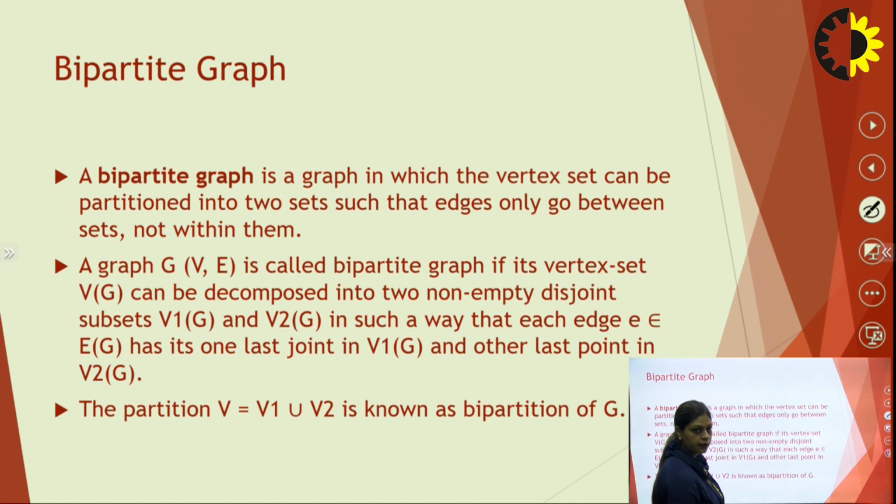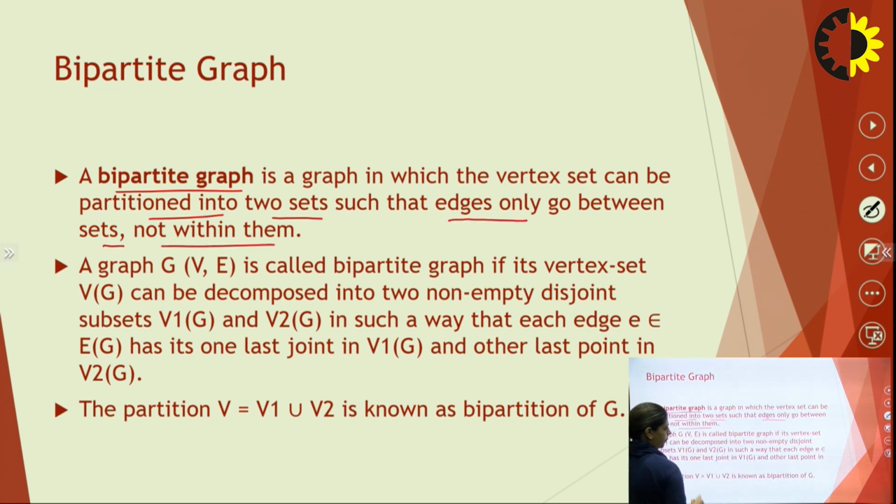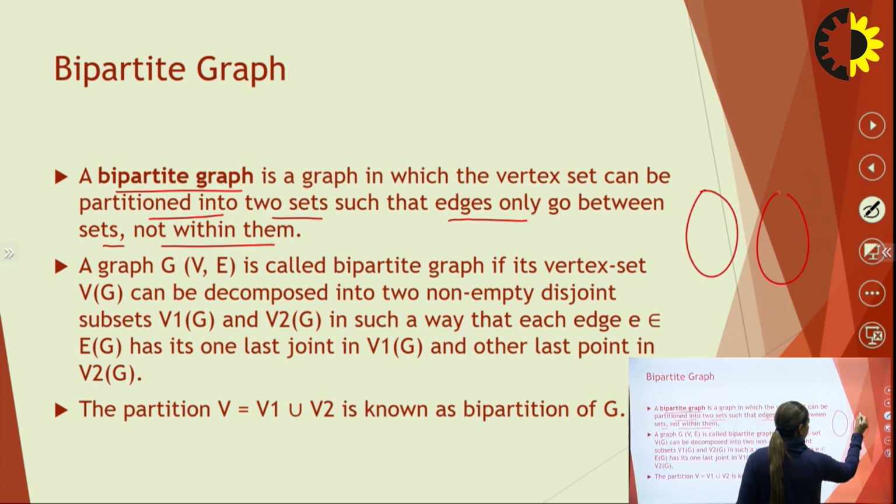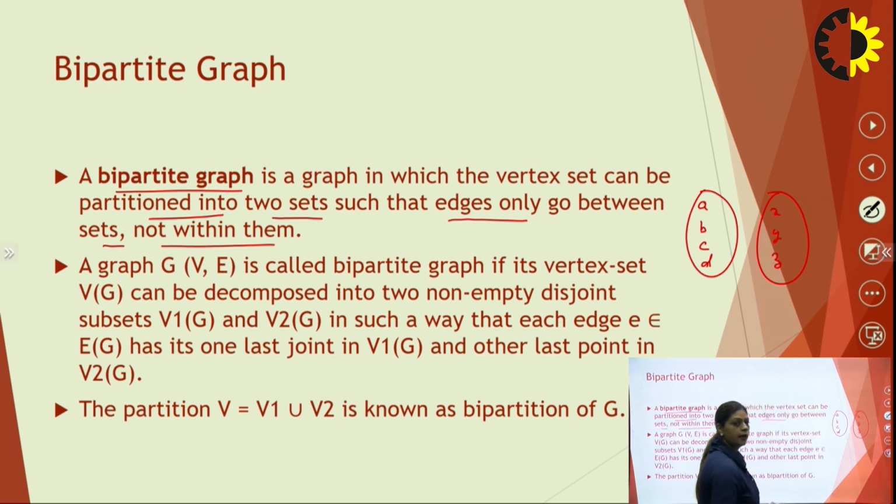Now, bipartite graph. This is an important topic. A bipartite graph is a graph in which the vertex set can be partitioned into two sets such that edges only go between sets, not within them, right? Now here we will make two sets. Suppose vertices A, B, C, D are in one set and X, Y, Z are in the other set.